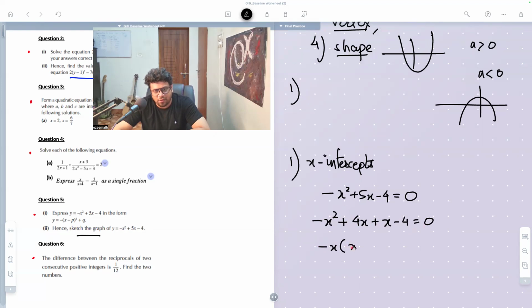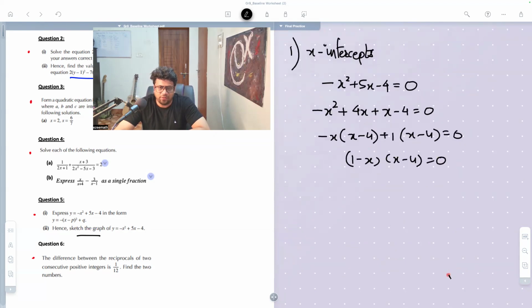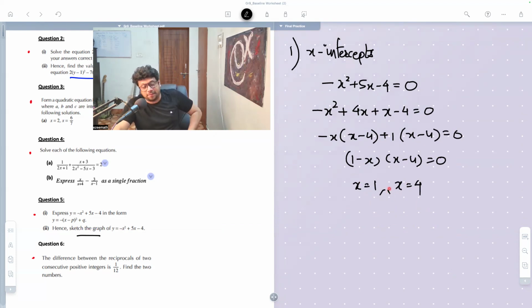Take a negative x common out and a 1 out common. You get (1 minus x) into (x minus 4) equal to 0. Well, x is 1, x is 4. Those are your x-intercepts. Now that you have the x-intercepts, finding out the vertex is simple.